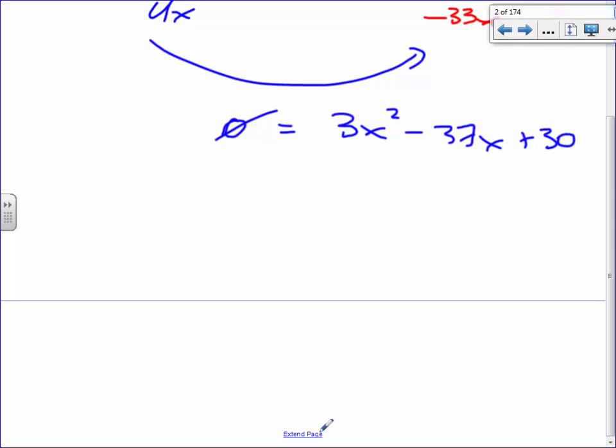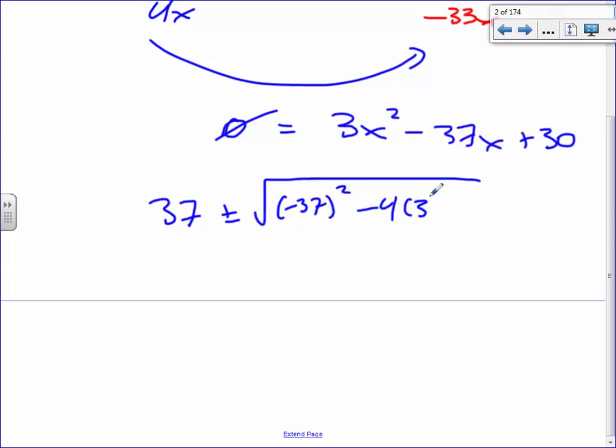So here's the formula. Negative b, so if I take a negative 37, it's just positive 37, plus or minus the square root of b squared minus 4ac, all over 2a.